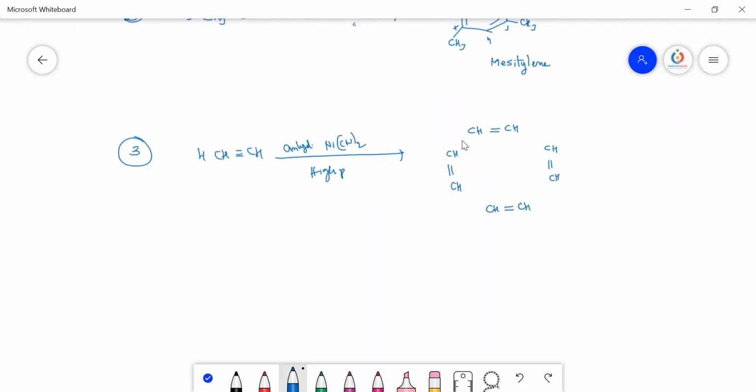So after shifting we need to add one more single bond. This is the molecule which is called cyclooctatetraene. Cyclooctatetraene is the molecule.